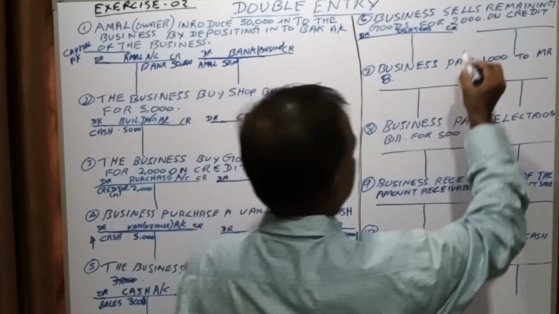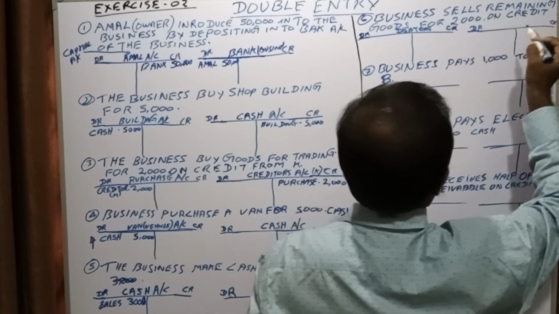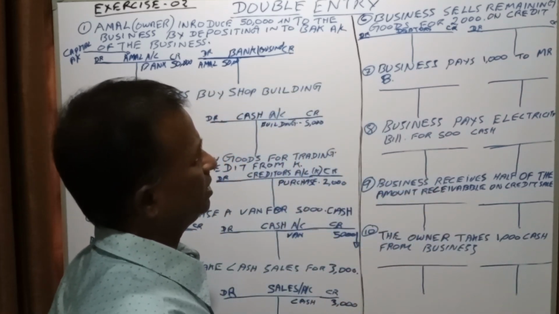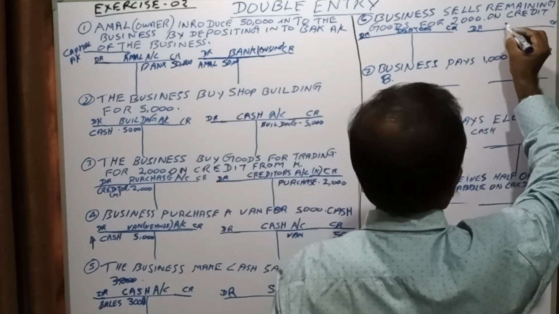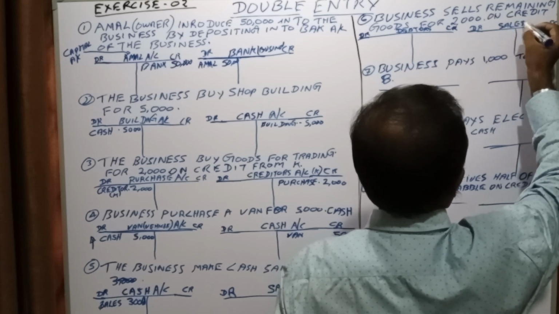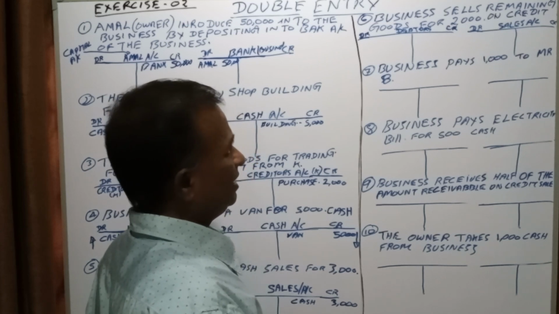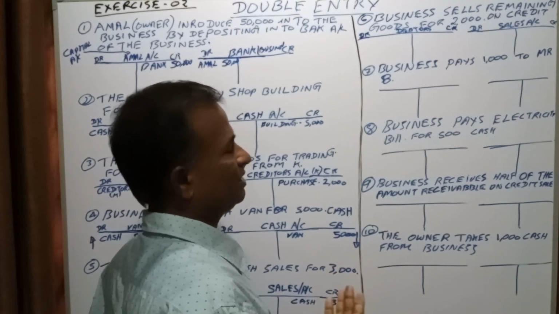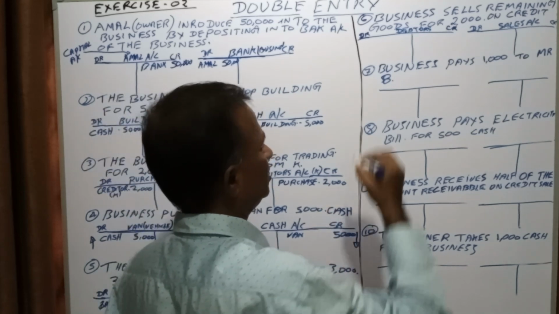Another account affected is sales. Debtors are increased because we are selling on credit basis. Debtors are assets for the company, so if there is an increase in debtors, meaning an increase in assets, then debit.